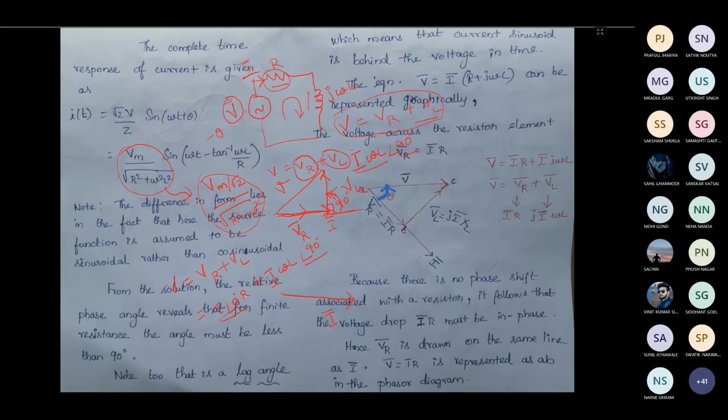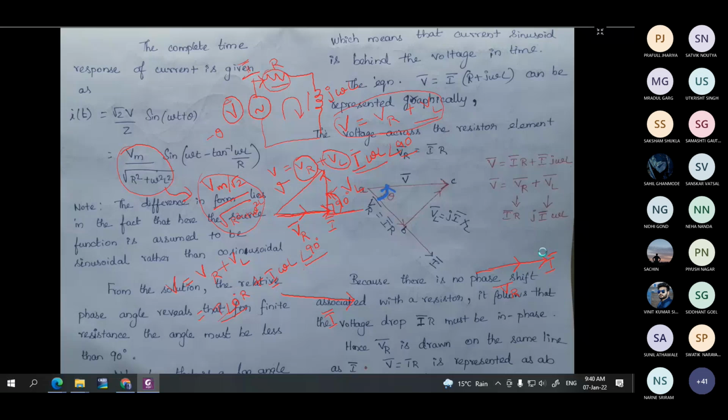So if we take I as reference, this is the I phasor. Then the voltage across the resistor will be in phase with the current, that is given by the VR phasor. Then VL will be 90-degree phase shifted in the positive manner.